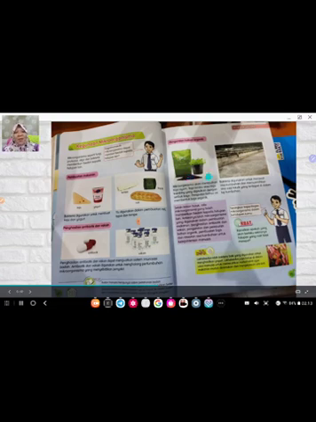Fertilizer is made from bacteria. Why? The bacteria decompose the organic waste to become a fertilizer. So mikroorganisme ni juga digunakan untuk menghasilkan baja. Dalam rawatan air to treat the sewage, rawatan sisa kumbahan juga menggunakan bacteria. So from here we know that not all microorganisms are good and not all of them are bad.